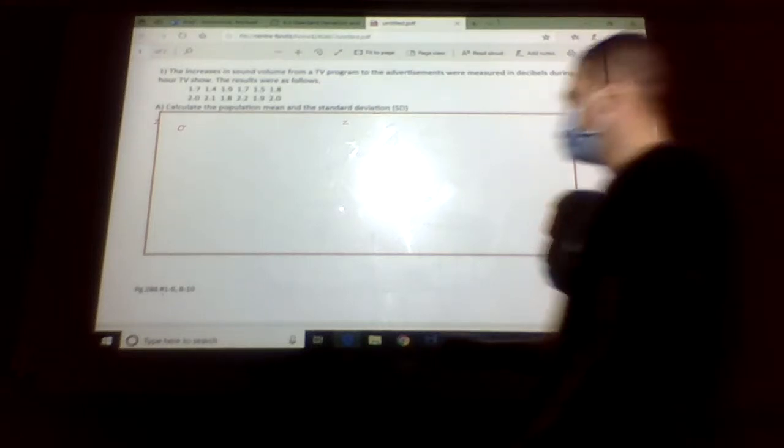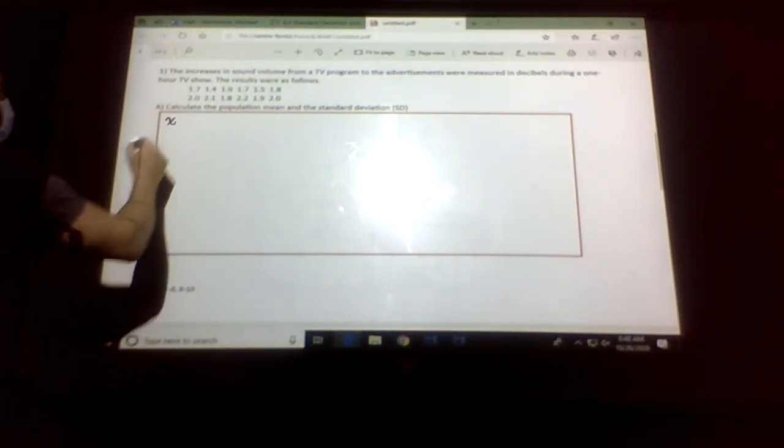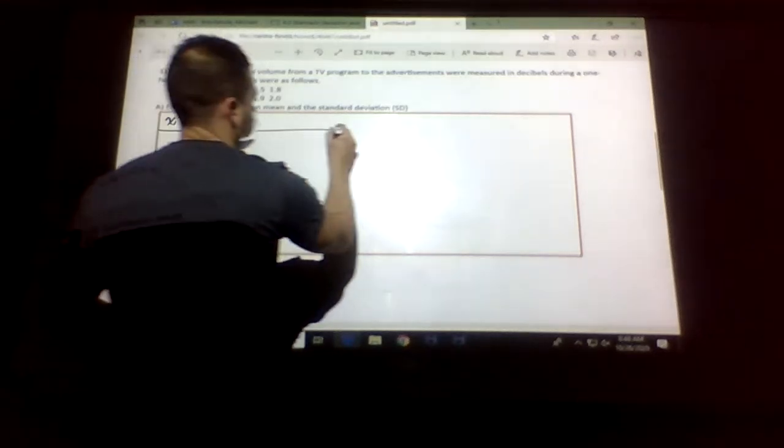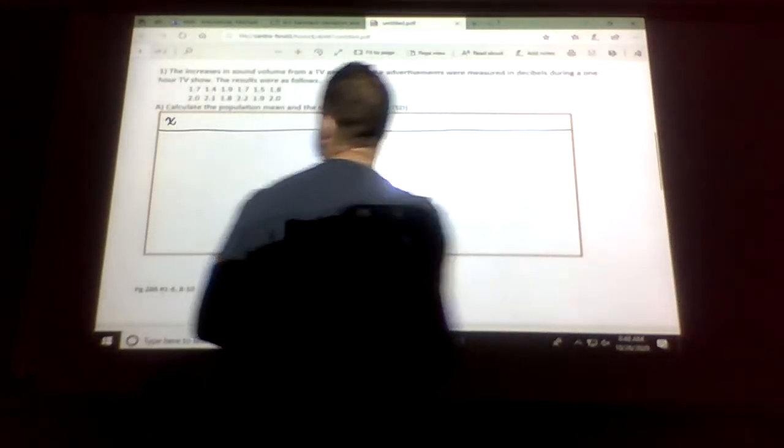Again, it's going to be a little bit tedious. So what we're going to do first is list out our x values. Then we're going to take our x values and subtract our mean.